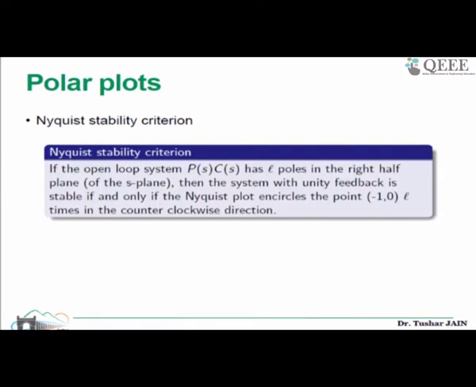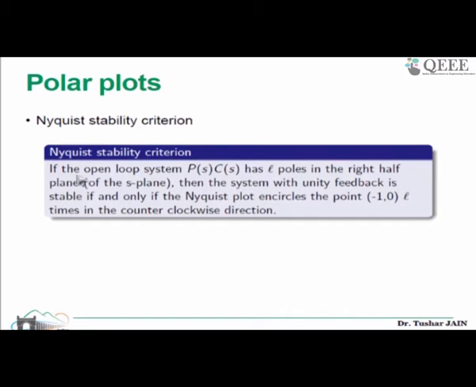Now this is the main theorem, which says if the open loop system, the multiplication of the plant and the controller, has L poles in the right half plane of the S plane, then the system with unity feedback is stable if and only if the Nyquist plot encircles the point -1, 0, L times in the counterclockwise direction.